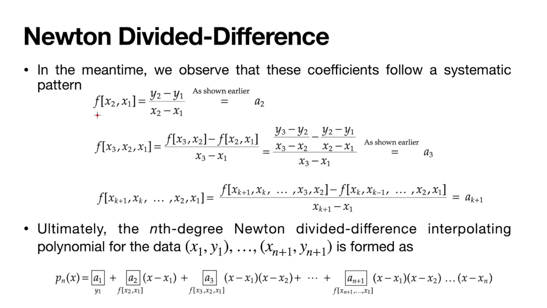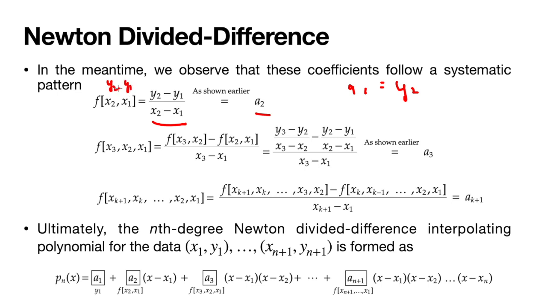You see that our a1 was equal to y1 and our a2 is equal to y2 minus y1 over x2 minus x1. We can say that this is a function of x2 and x1. At x2 its value is y2, and similarly at x1 its value is y1.